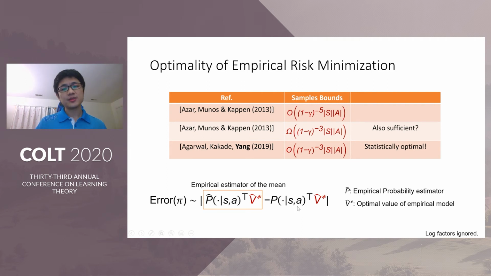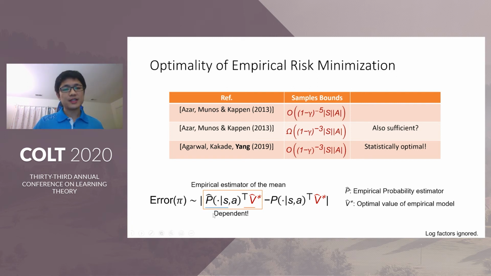In particular, this p inner product with a vector v is the expectation of a random coordinate sampled from this v hat based on this particular distribution, and we are using the empirical probability to compute an estimate of it. So one naive idea to bound this error is to apply concentration inequalities like Bernstein or Hoeffding.